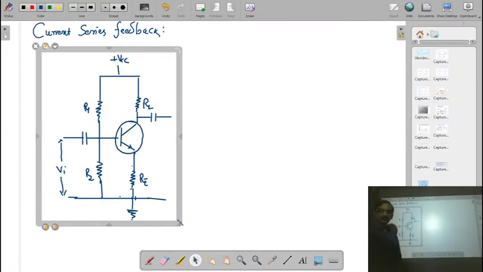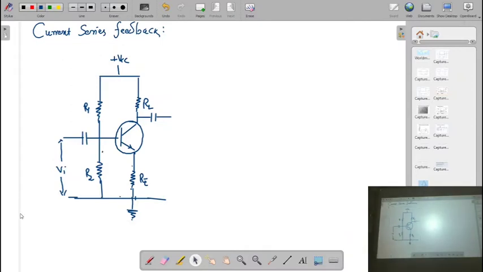This is a practical circuit of a current series feedback. Now we should know how it is a current series feedback. If you look at this circuit diagram, you will find it is simply a common emitter amplifier.